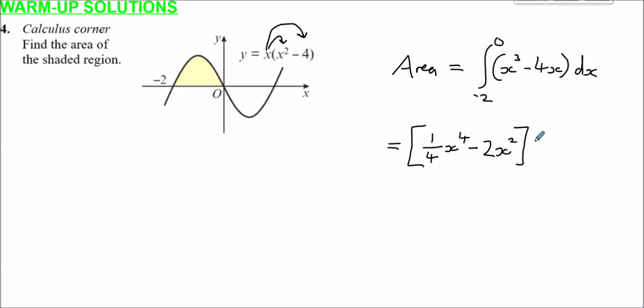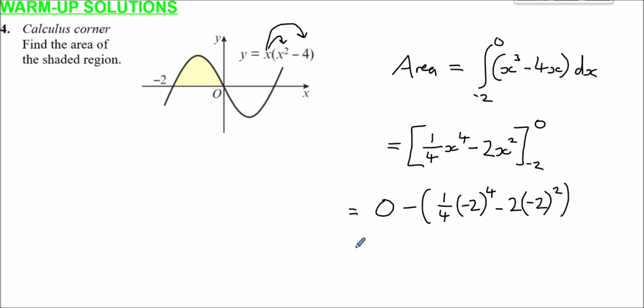And we integrate this between the limits of minus 2 and 0. If we were to input 0 into this expression, that obviously will just give us 0. Then we subtract the lower limit, which is a quarter, minus 2 to the power 4, minus 2 lots of minus 2 squared.